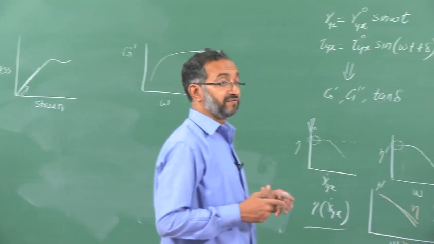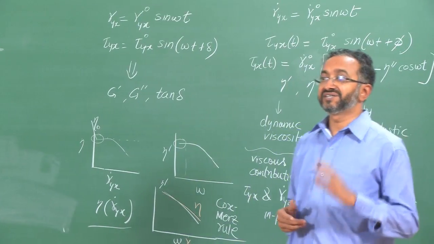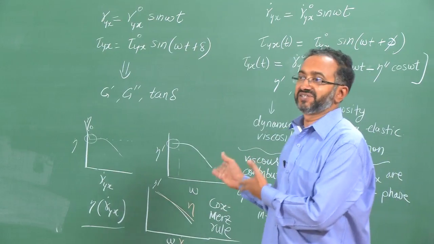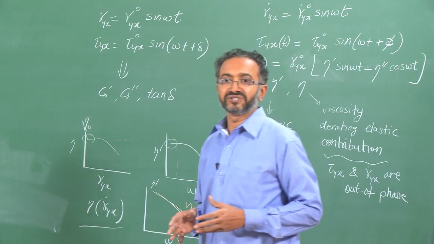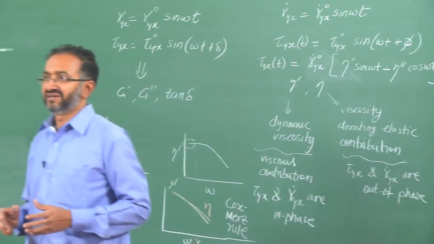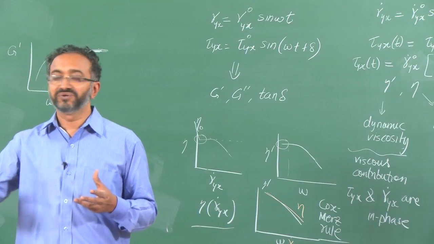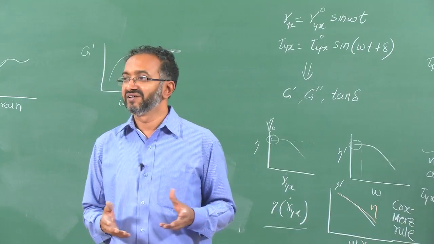Whenever you have a material whose equilibrium structure does not get disturbed a lot, then you will observe this correspondence between the steady shear and the oscillatory shear viscosities, because the structure is such that it is not very subject to deformation and does not get really perturbed away from the equilibrium structure.